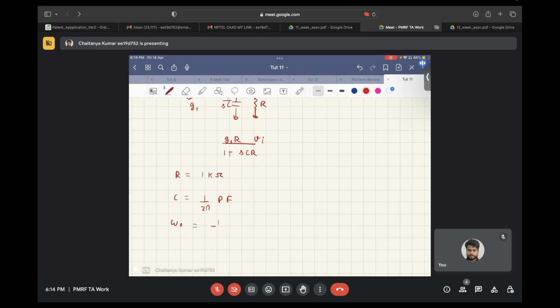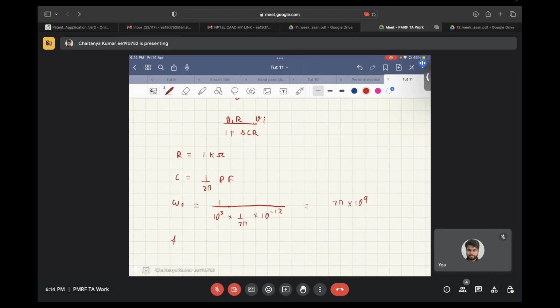So omega naught is equal to 1 by 10 to the power 3 into 2 pi into 10 to the power minus 12, which is equal to 2 pi into 10 to the power 9 radians per second. So what is F naught? The 2 pi will get cancelled, so 10 to the power 9. This is not megahertz, this is gigahertz. 1 gigahertz.